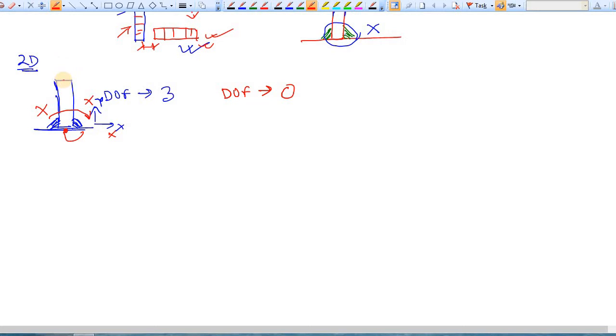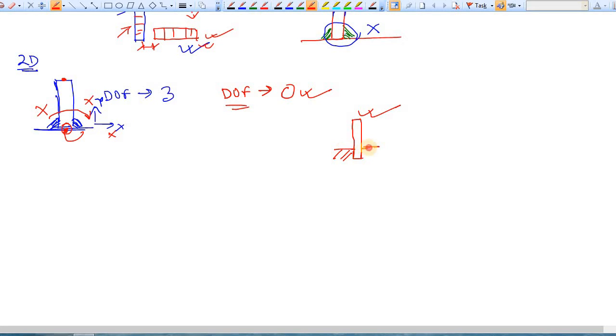If we take 2 points of this structural element, about this point the degree of freedom is equal to 0. And this type of support is known as a fixed support. So what we do in case of a fixed support, we simply fix the structural member.